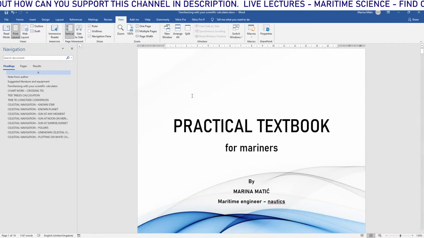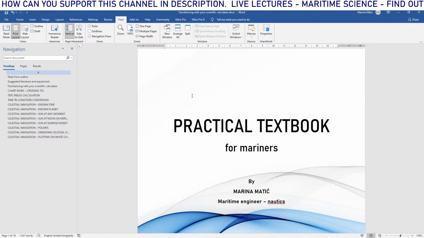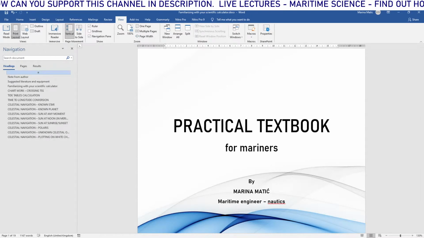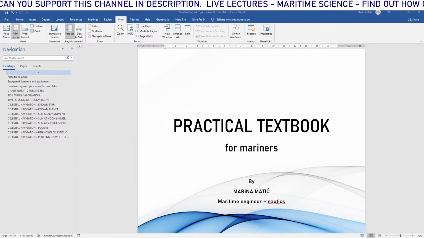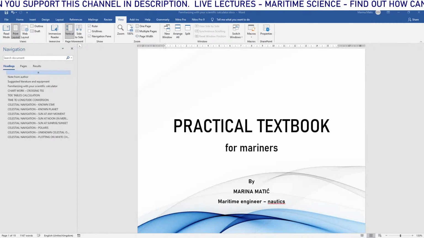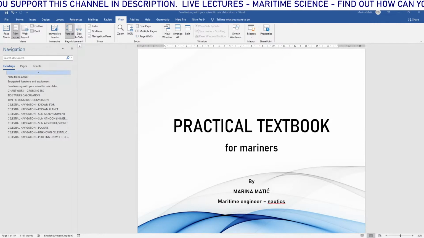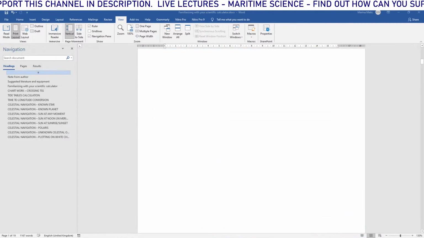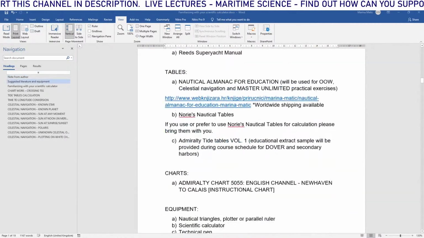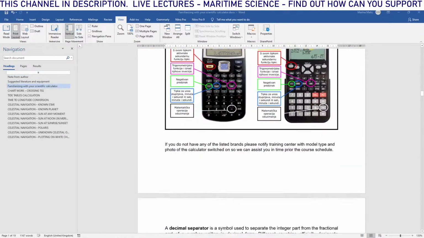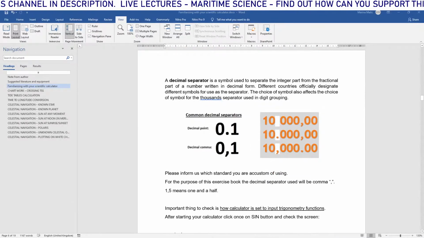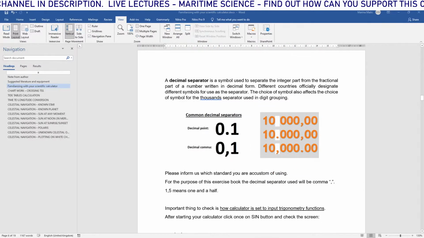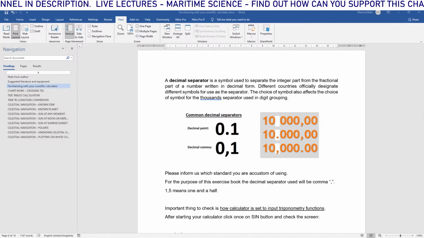It doesn't have a lot of pages here because I usually like to work on my books in Excel. I don't like to make my books in Word. One of the reasons why I prefer Excel is this common problem between decimal point and decimal comma.